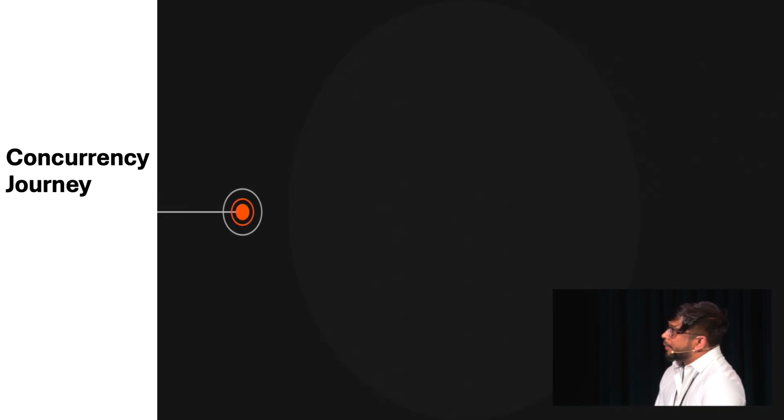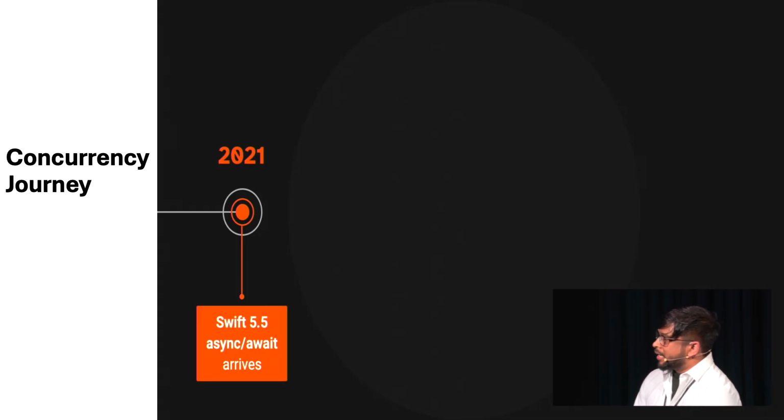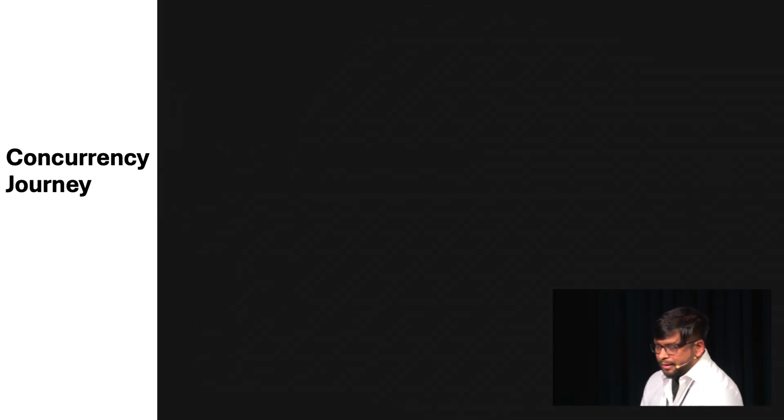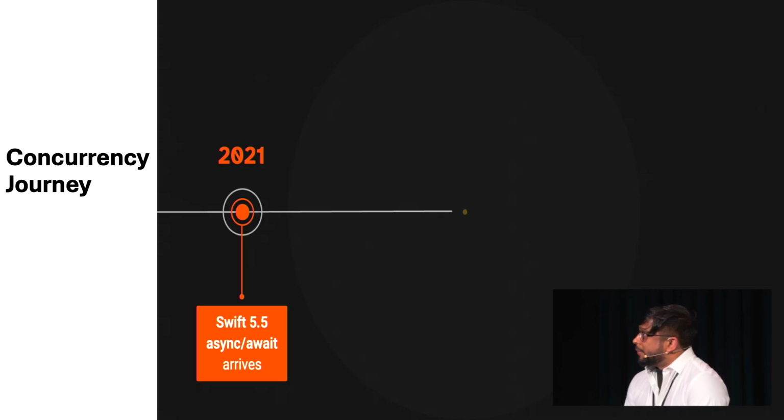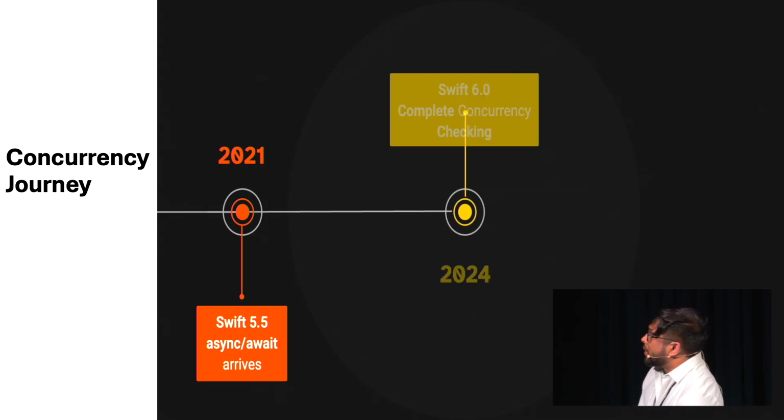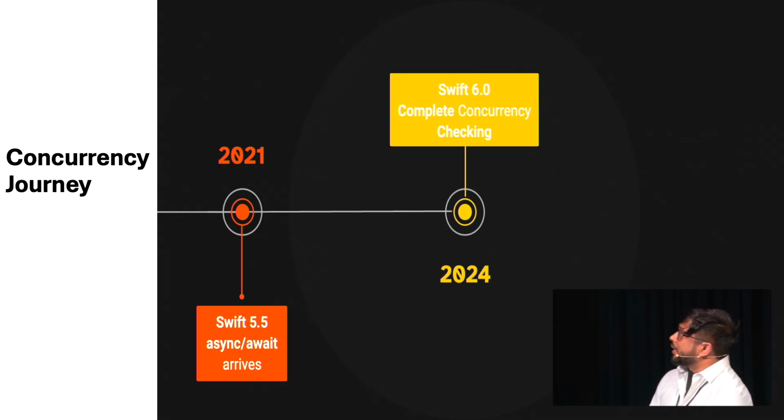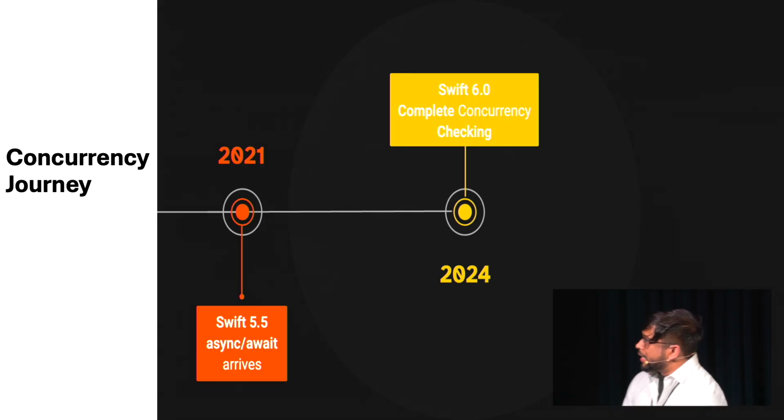Let's recap the concurrency journey. In Swift 5, we got async await, actors, and structured concurrency. We got really excited. Finally, modern Swift concurrency. But the reality hit in Swift 6, when we got complete concurrency checking.